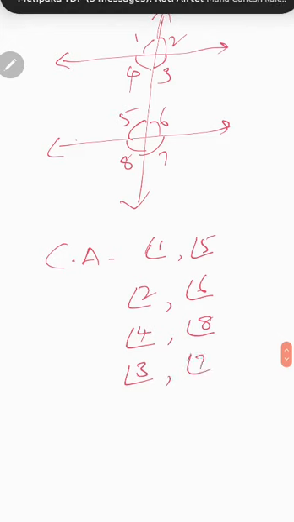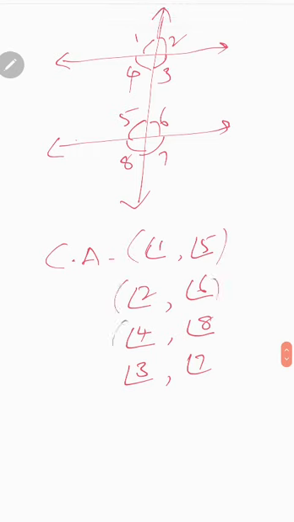These four pairs of angles are called corresponding angles. What is the relation between these corresponding angles? Corresponding angles are always equal.